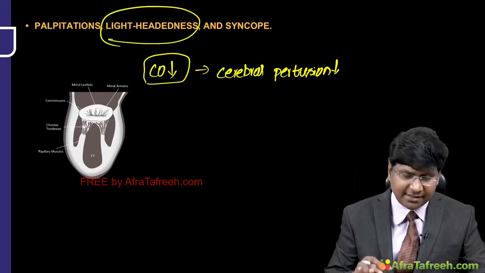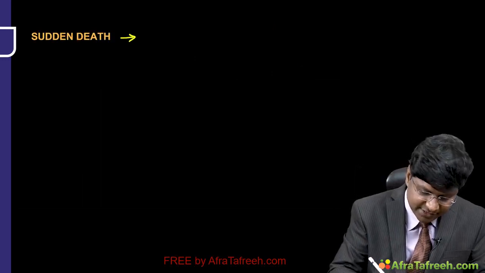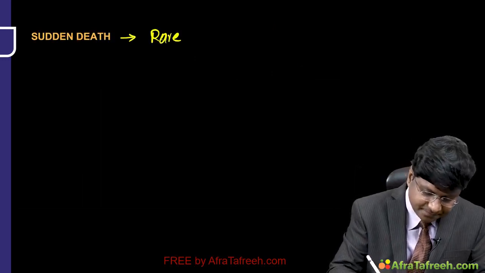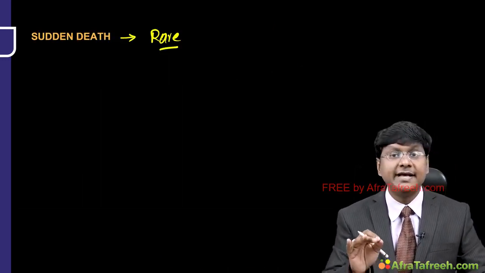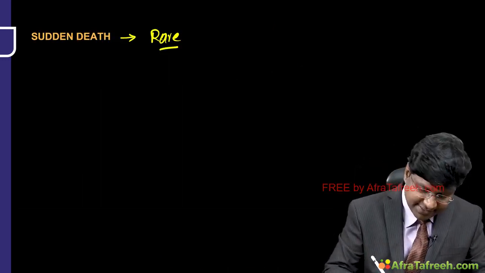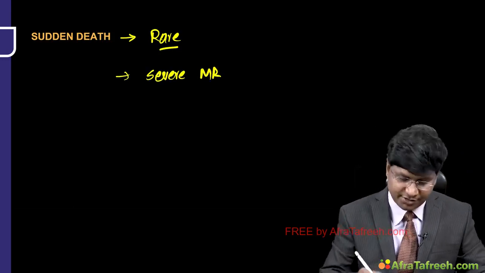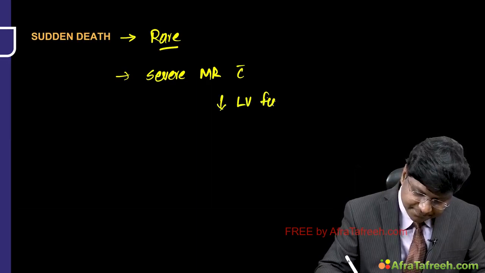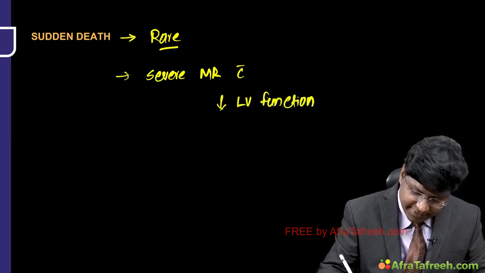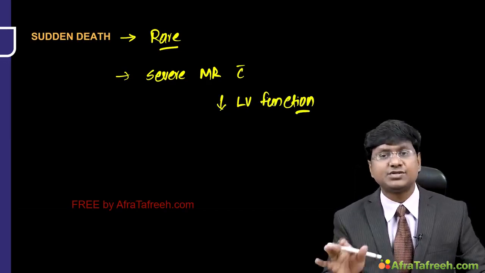Another rare presentation that you can have in mitral valve prolapse is sudden death. But in which group of individuals can you have sudden cardiac death? Sudden cardiac death is seen in those individuals with severe mitral regurgitation with depressed LV systolic function.